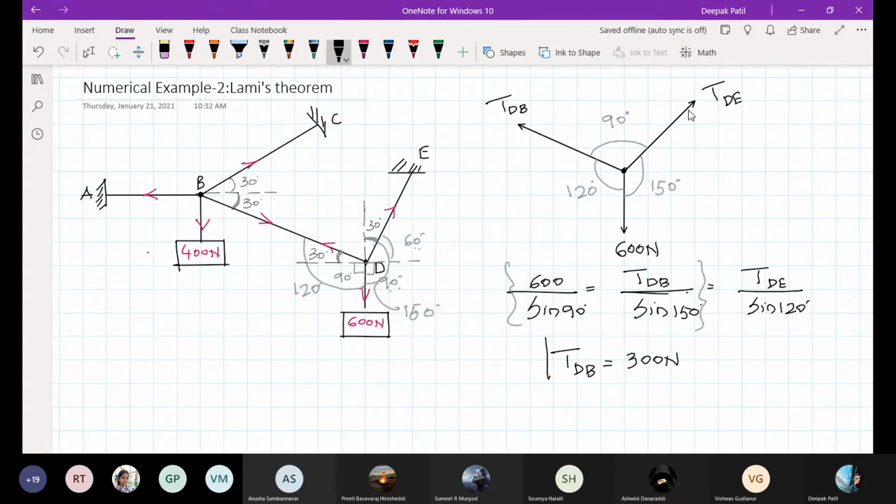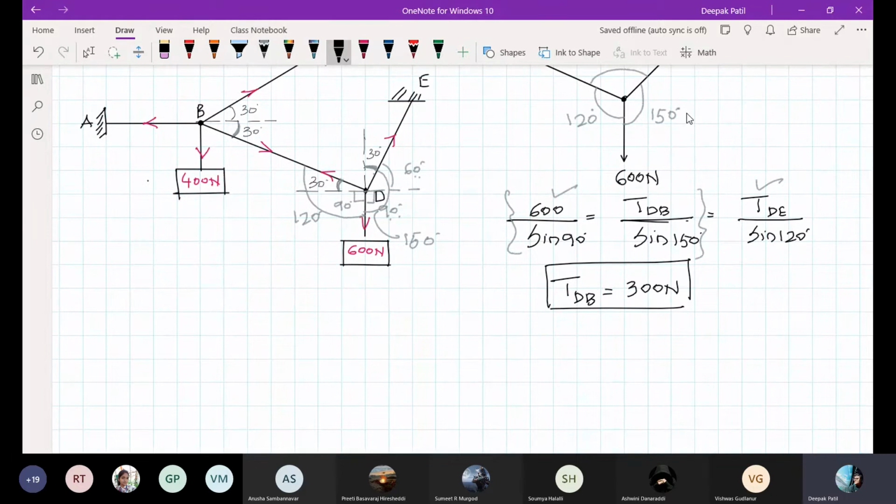Then next you can take this and cross multiply, and you get the value of TDE, which is equal to 600 times sine of 120 divided by sine of 90, which comes out to be 519.61.